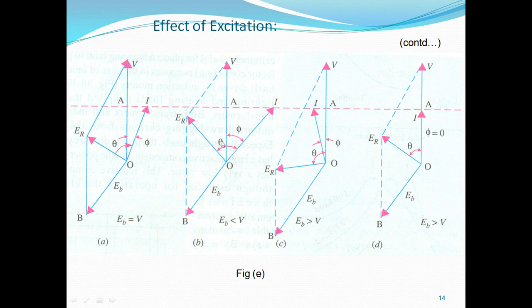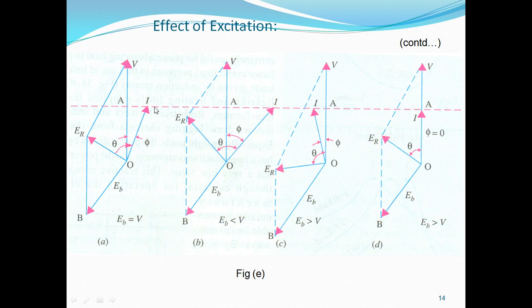So when ER is pulled in the clockwise direction, the current IA vector is also pulled in the clockwise direction. So what happened here? Theta, that is phi, is increased. When phi is increased, cos phi is reduced. When cos phi is reduced, current is increased.